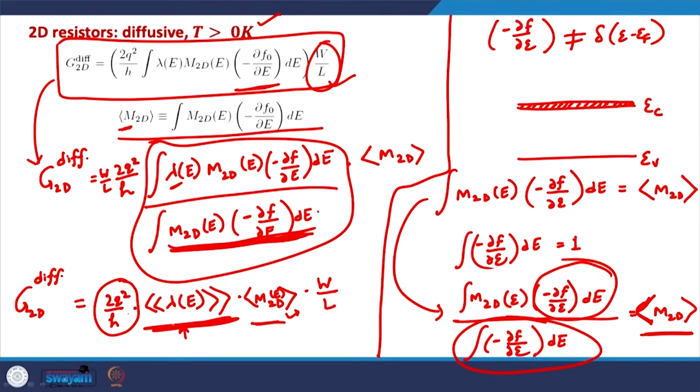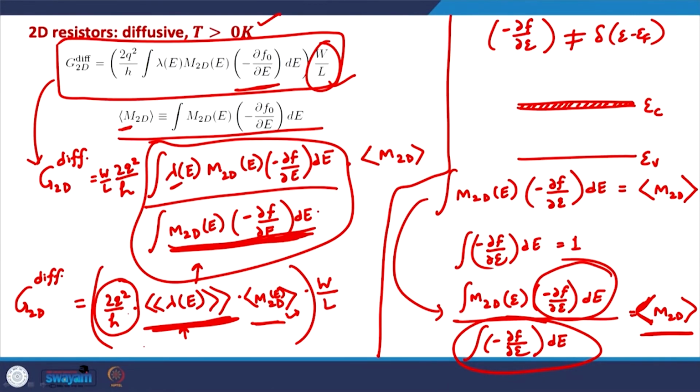So, this function intuitively means the average mean free path of electrons in the modes where conduction happens, and the modes where conduction happens are the modes in the Fermi window, times W by L. So, as is evident here, conductance is inversely proportional to the length and directly proportional to the width, as we expect in the case of a diffusive conductor.